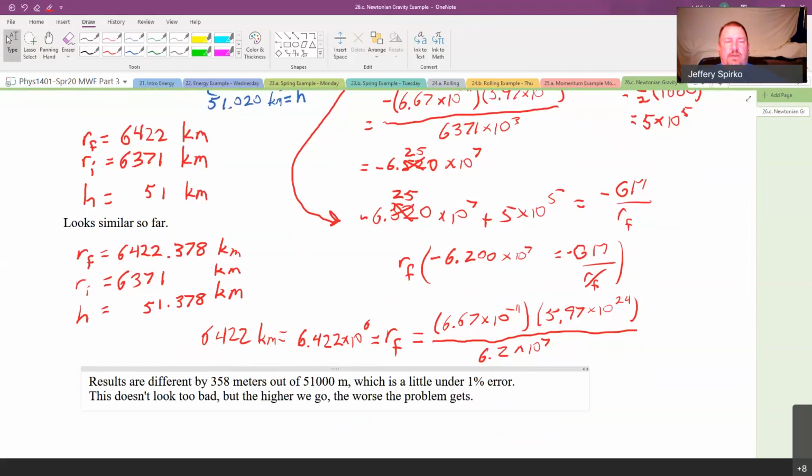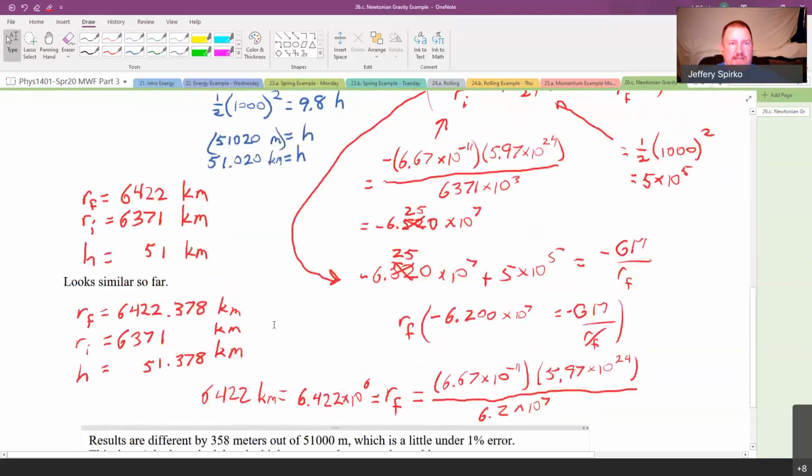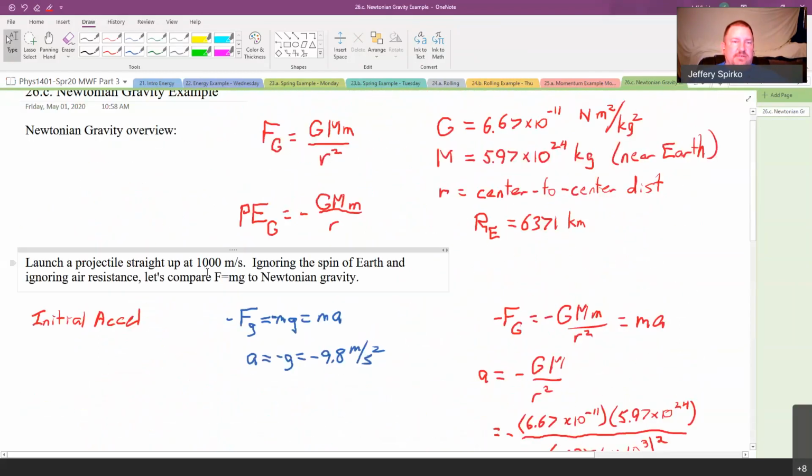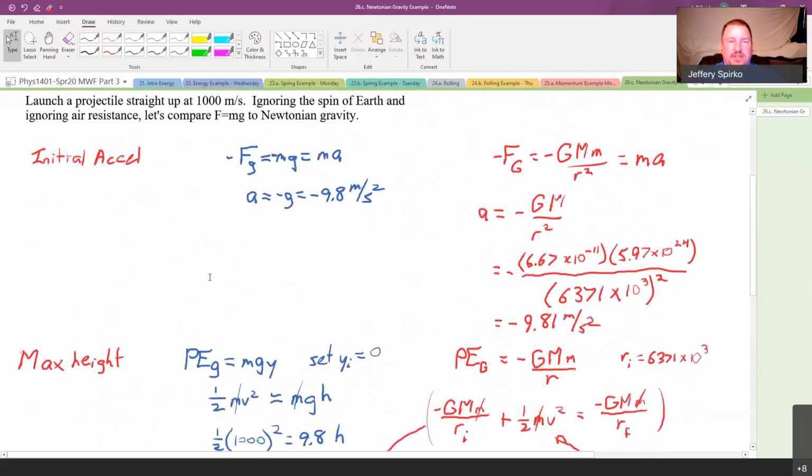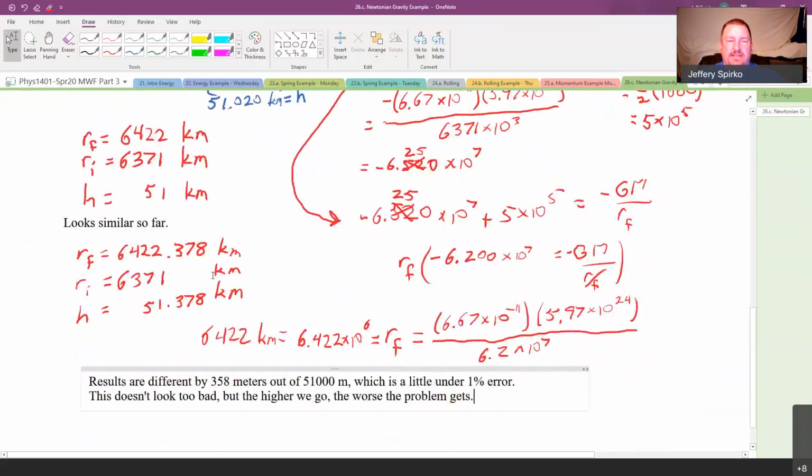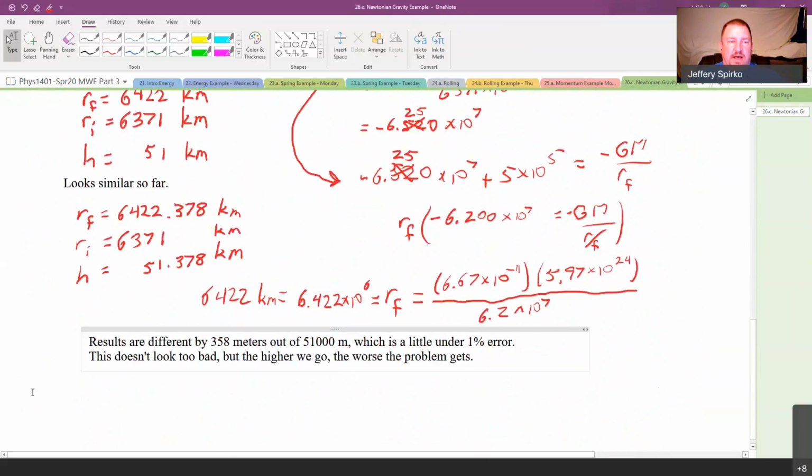But if we launched even higher, this problem would get even worse. So apparently I should have done a 2,000 or a 4,000 meter per second launch in order to really see the difference between these two methods. Let me do one more calculation with this.